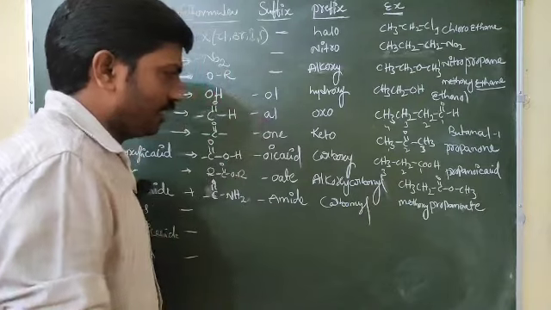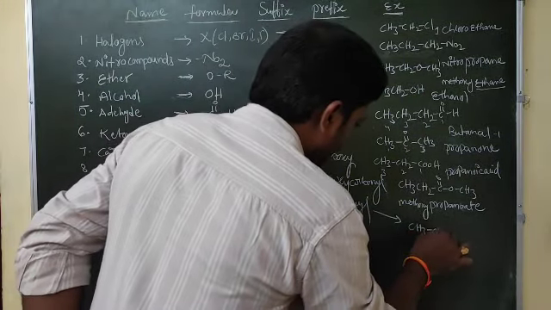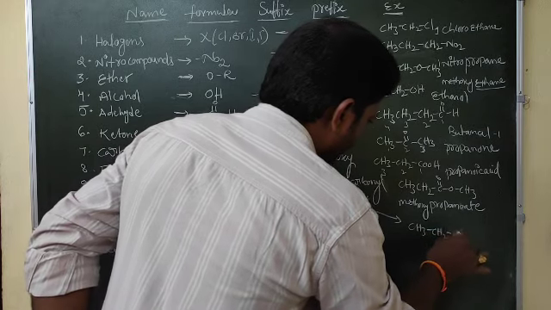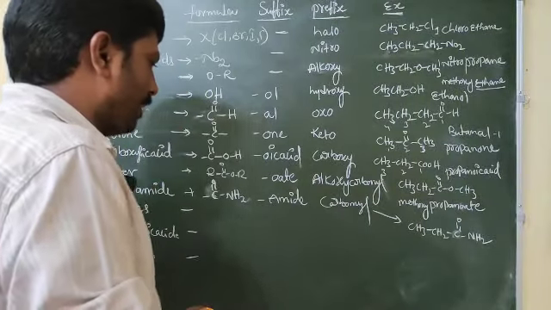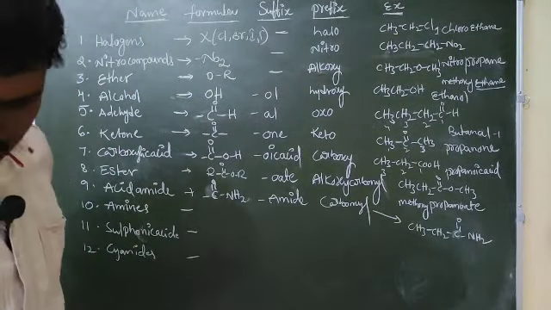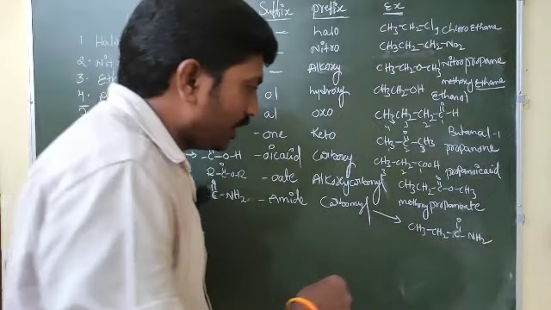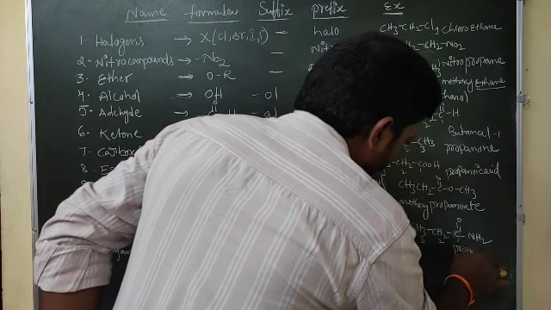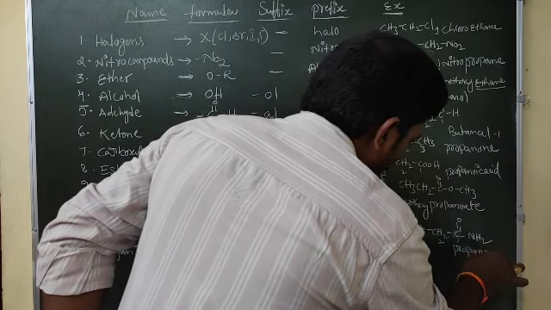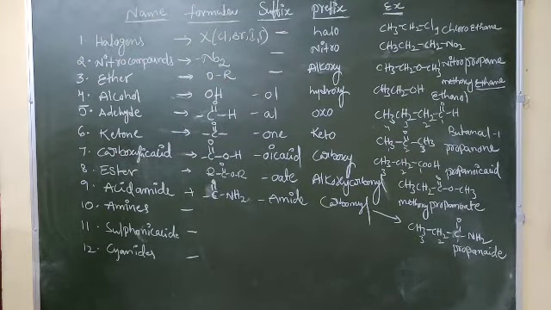Example of this one is CH3 CH2 C double bond O NH2. The name of that compound is propanamide, 1, 2, 3, 3 carbons propane. Propanamide, 1-propanamide.